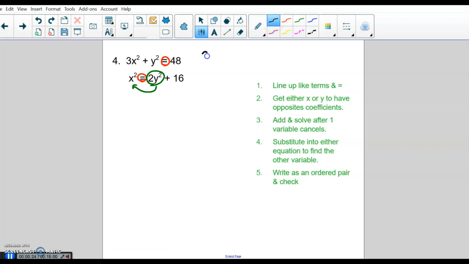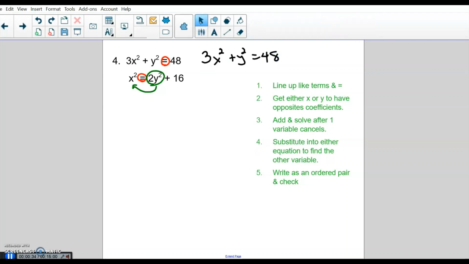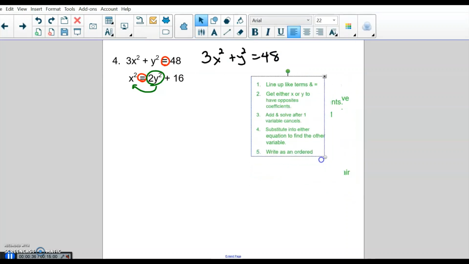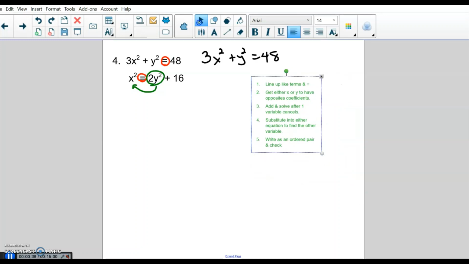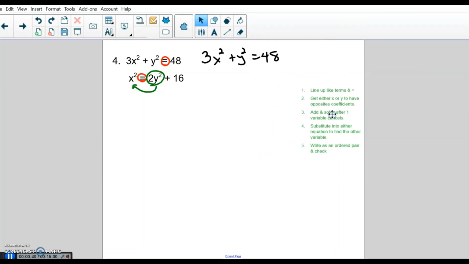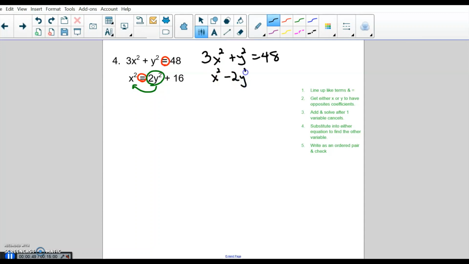We'll have 3x squared plus y squared equals 48. And then x squared minus 2y squared equals 16.